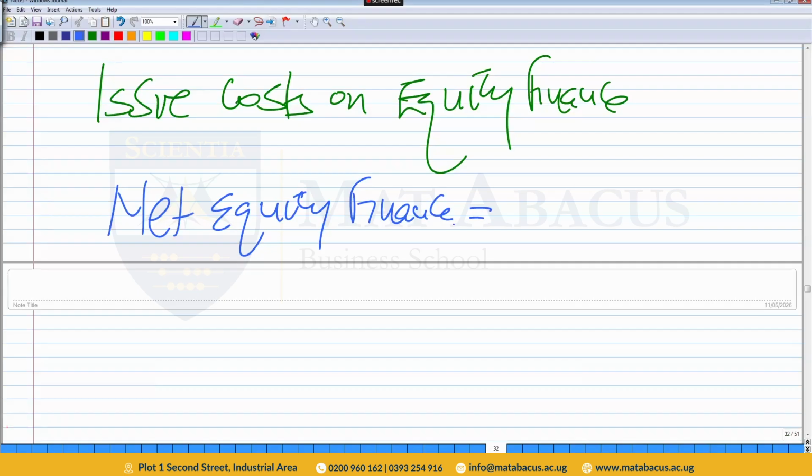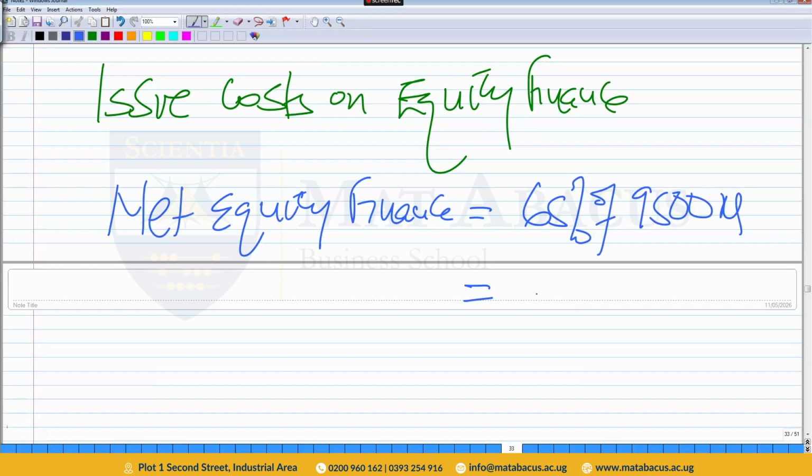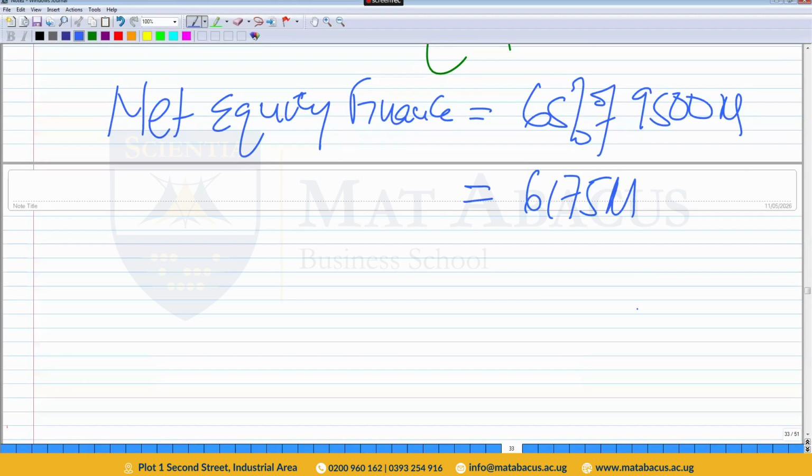It is supposed to be 65%. 65% of what you need. That figure should be 6175 million. That is net unless advised.